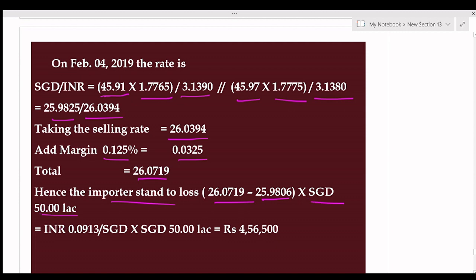So the rate is rupees 0.0913 per SGD multiplied with SGD 50 lakhs. SGD will be cancelled. Remains rupees 4,56,500. That is the amount the importer will pay to the bank.